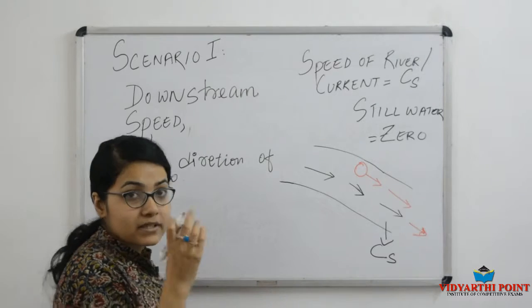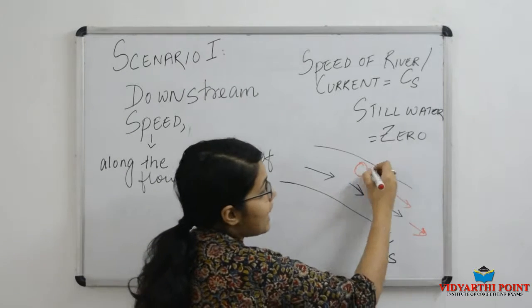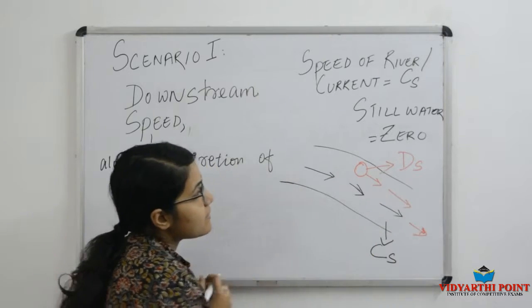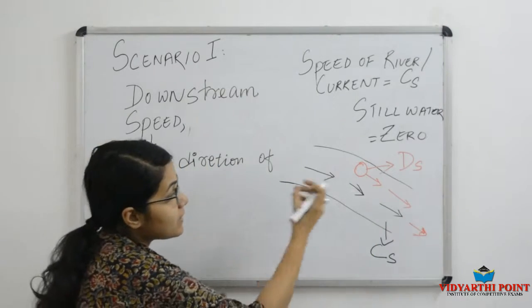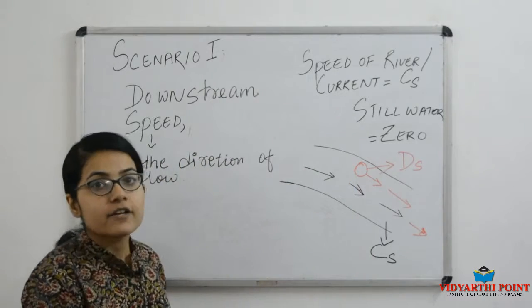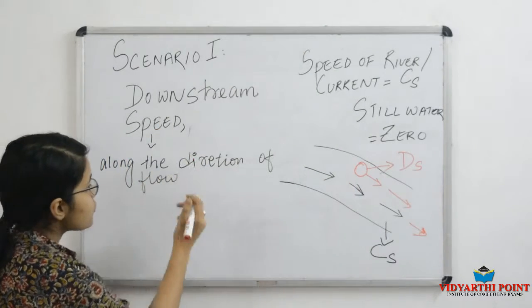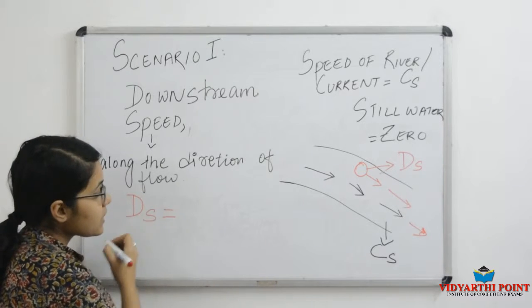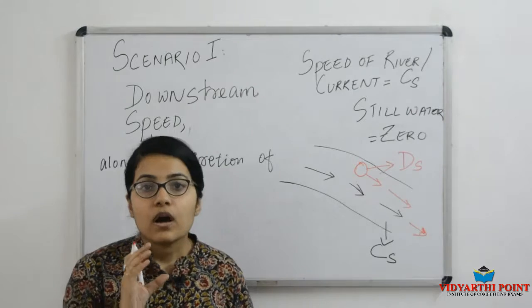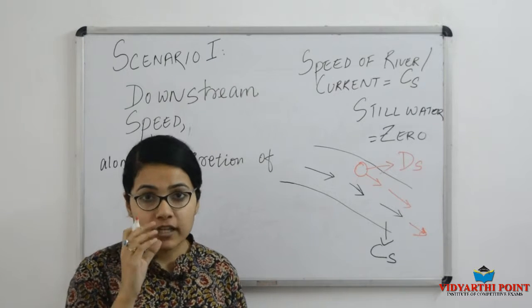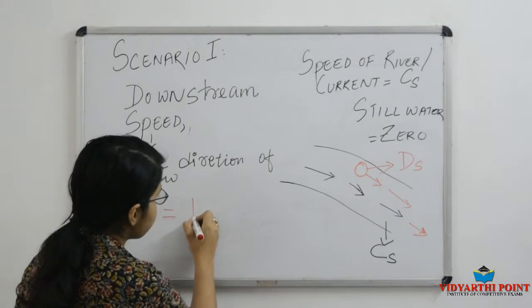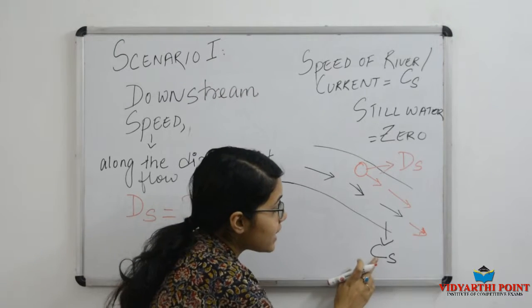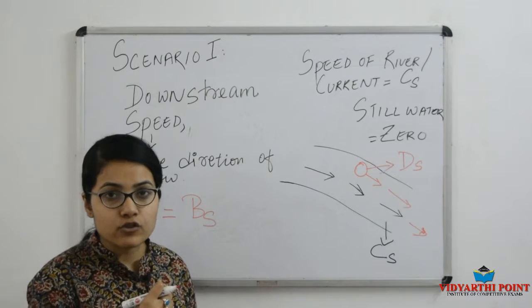Now we denote the downstream speed as DS, that is downstream speed. Now we have to find the relation of downstream speed and the speed of the current. Downstream speed DS equals to, we know that the speed of the boat was BS. Now what is the role of the speed of current in downstream?